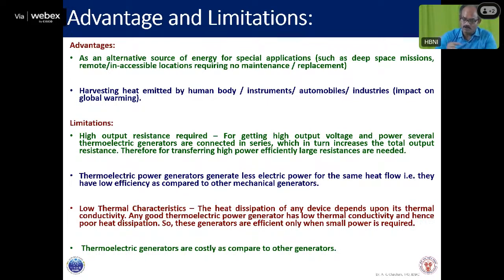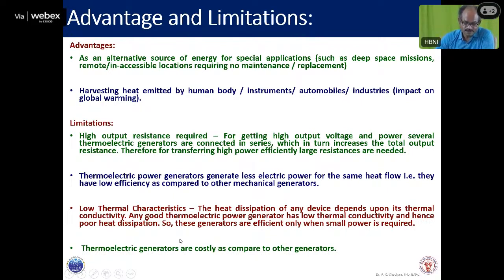If you go on adding such devices, your series resistance will increase, and because the resistance is increased, the efficiency will come down. Thermoelectric power generators generate less electrical power for the same heat flows. That is, they have low efficiency as compared to other mechanical generators.